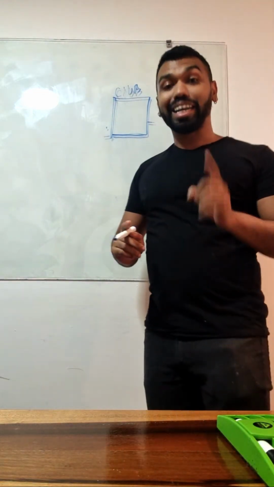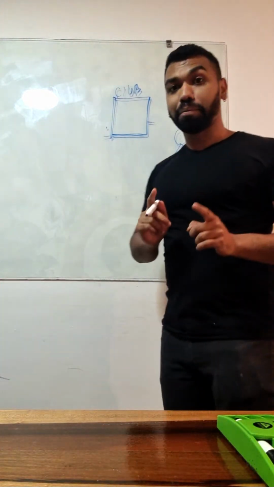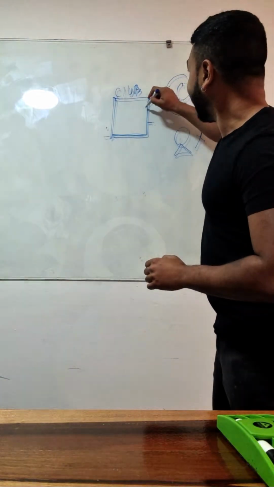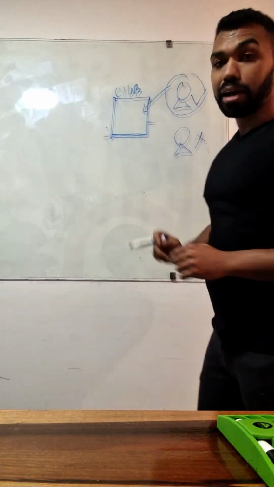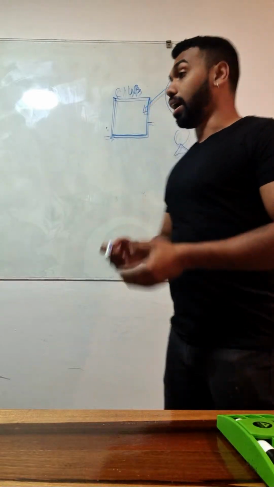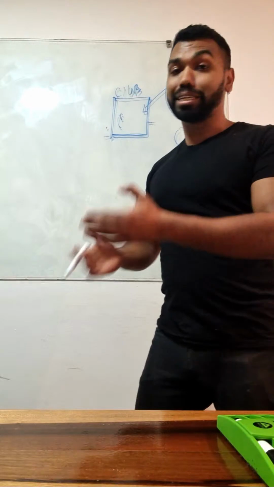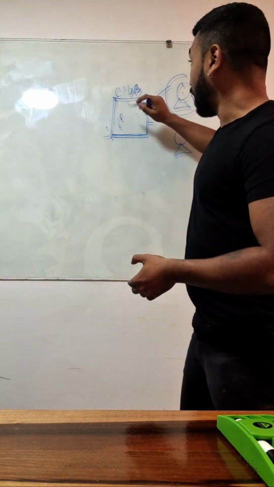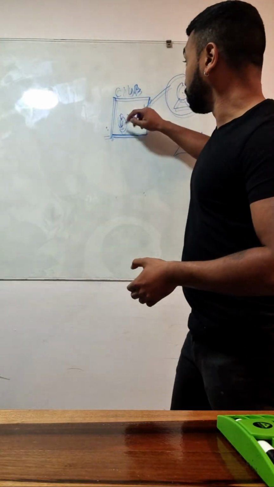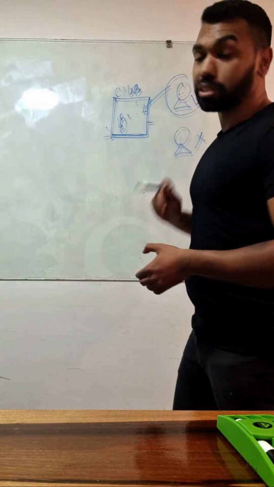This person has an API key, okay? And this person does not have an API key. So because this person has an API key, this person can now access the clubhouse. And think of the clubhouse having some facilities like a swimming pool, a gym, etc. So this person can now have access to this clubhouse, and because they're using the facilities, the clubhouse can now charge this person, okay?